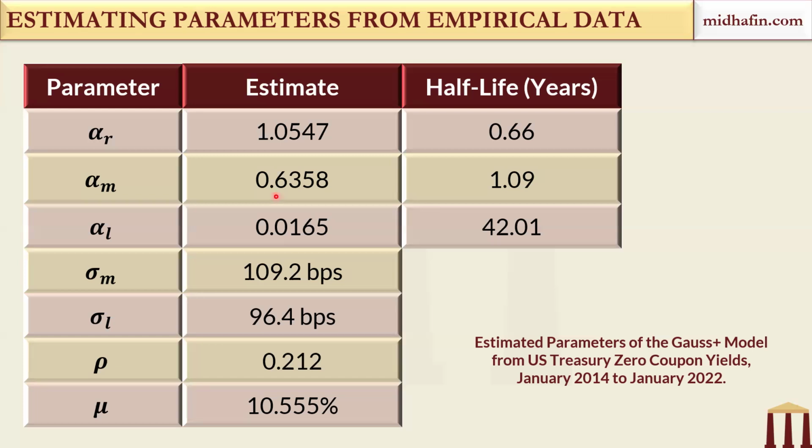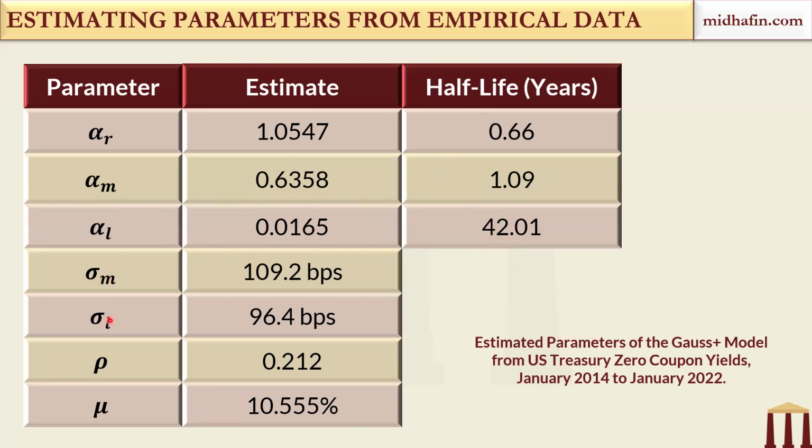Alpha M is next, which governs how the medium term factor reverts, 0.6358, and 1.09 years is the half-life. Alpha L is very low, slowest by far. It reflects a very slow, gradual adjustment towards the long run level mu, and a very high value for half-life.